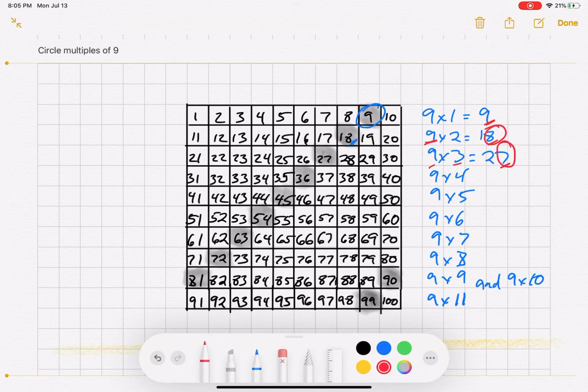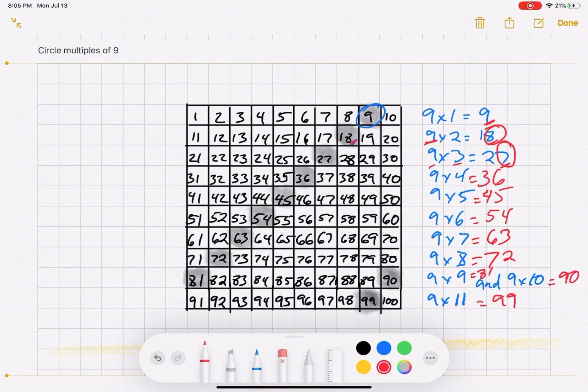What is happening in the tens column? So I'm going to draw your attention back over here. It's just easier to see, I think, if it's in this row, right? And this is 45, and this is 54, and this is 63, and 72, and 81, and 90, and this is 99.